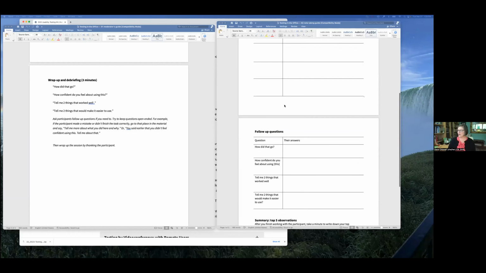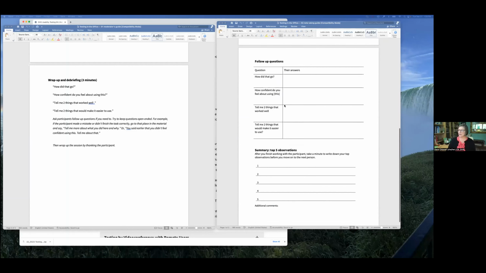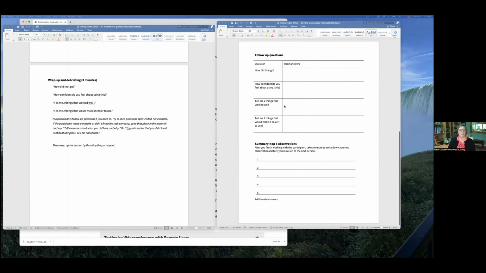It stretches out over a couple of pages that include some potential follow-up questions that folks might want to ask, like, how confident do you feel about the experience that you had today, or about using this service or using this form?